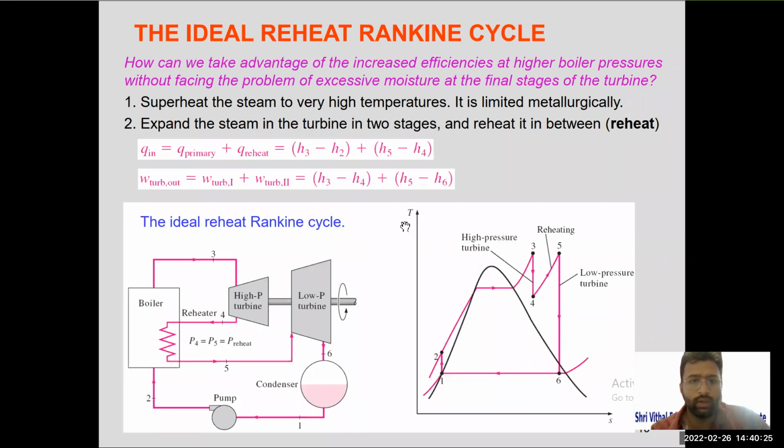Now, who will tell me what will be the efficiency of a reheat Rankine cycle?